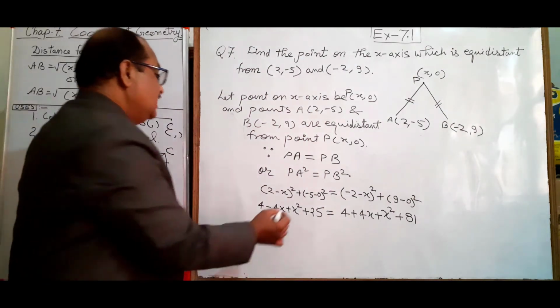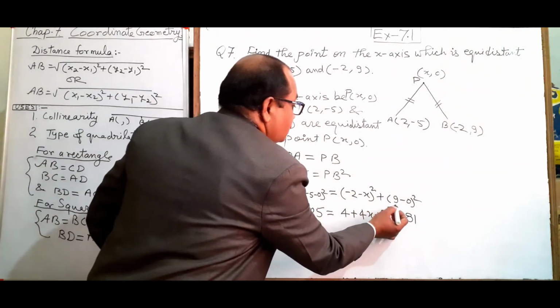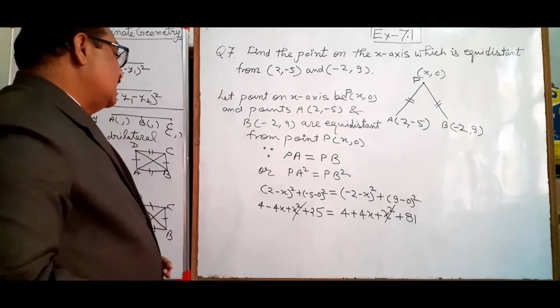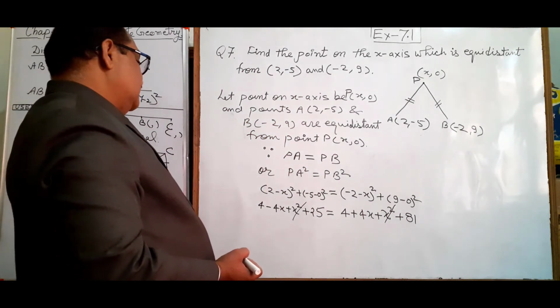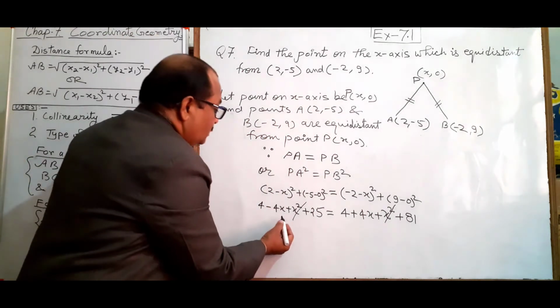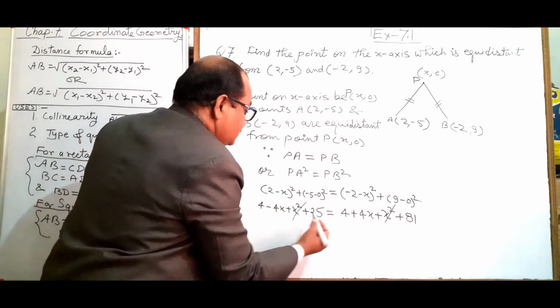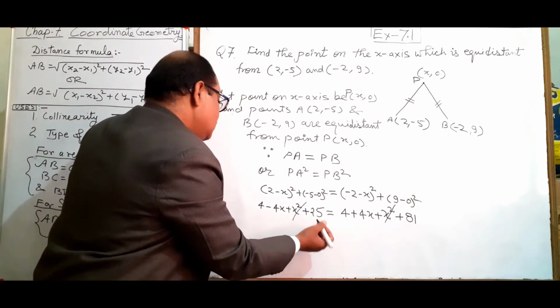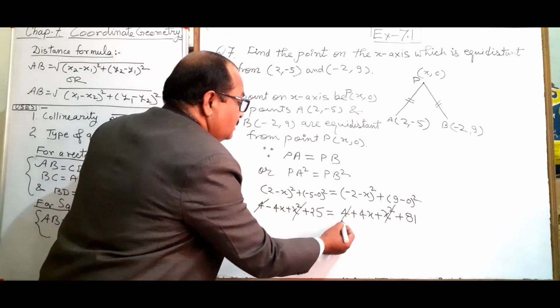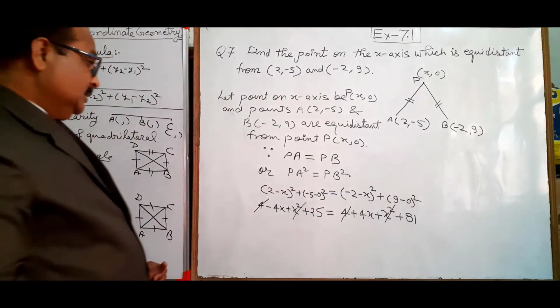Now you can see x square is cancelled both sides, and now simplifying the rest of the terms. So here 4x we can take that side. First thing, 4 is cancelled, this beginning 4 is also cancelled.